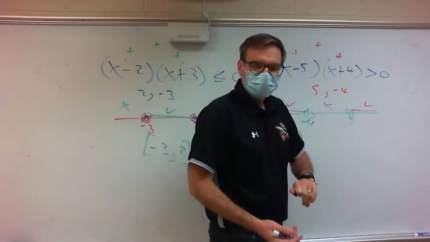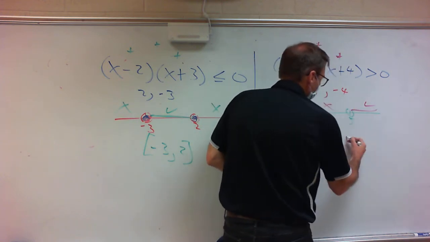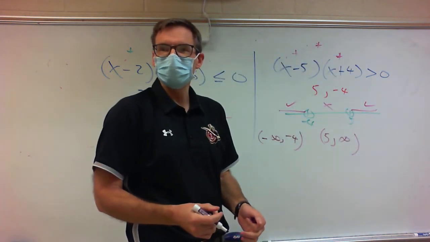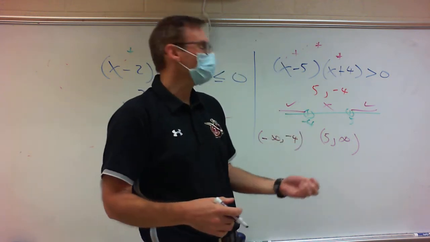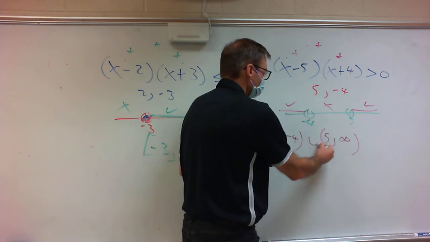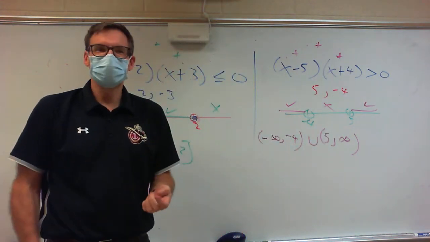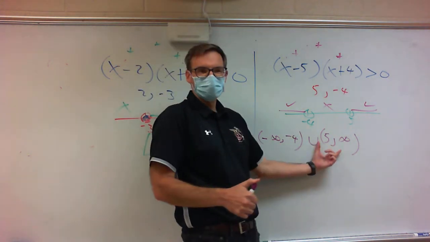To describe this other part, I'm going to start at 5 and go all the way to infinity, and again I get open parentheses on each one. And as much as I hate it, anytime you have multiple intervals, you have to put that little U thing, the union, because it's representing both of those.